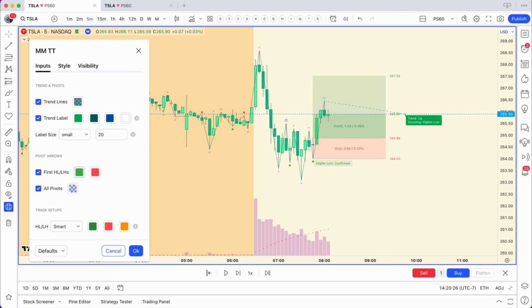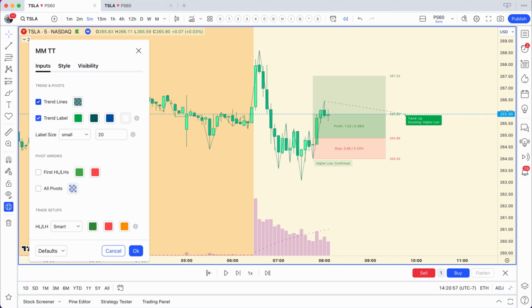For a higher low, it'll be green, and for a lower high, it'll be red, and you can modify those here. I'll also note that if you turn that off, those pivots don't disappear. They just get the color treatment from the all pivots color. And if you want to get rid of all of them, you just uncheck that. Personally, I just like to see them. They just help me to recognize when something has happened and there's been a pivot defined.